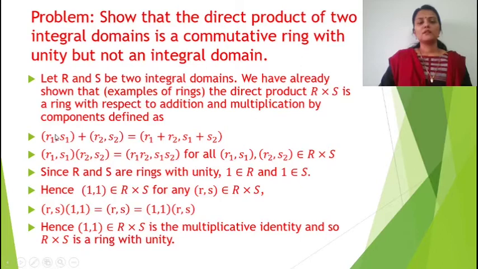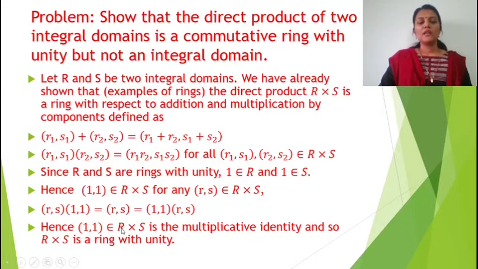defined as follows: (r1, s1) plus (r2, s2) is (r1 plus r2, s1 plus s2), and (r1, s1) into (r2, s2) is equal to (r1 r2, s1 s2) for all (r1, s1), (r2, s2) element of R cross S. Since R and S are rings with unity, one element of R and one element of S, hence (1, 1) is an element of R cross S. For any (r, s) in R cross S, (r, s) into 1 is equal to (r, s), which is equal to 1 into (r, s).